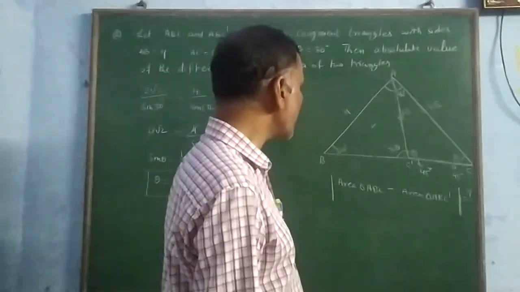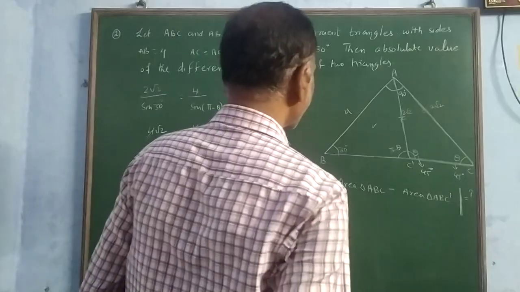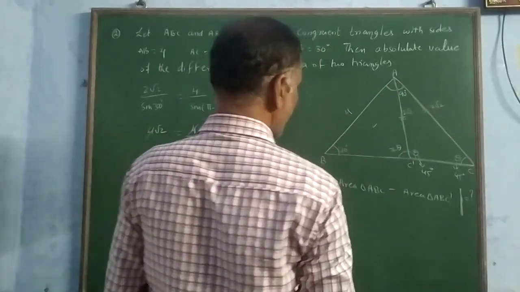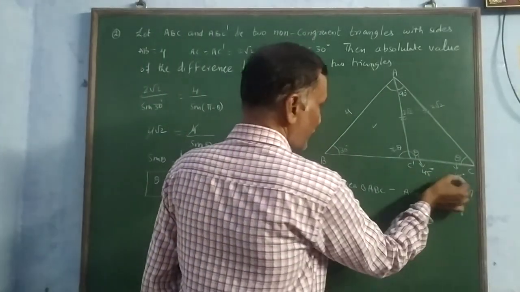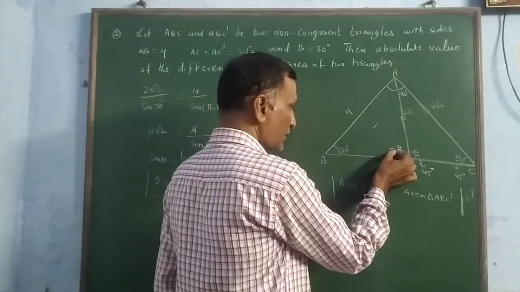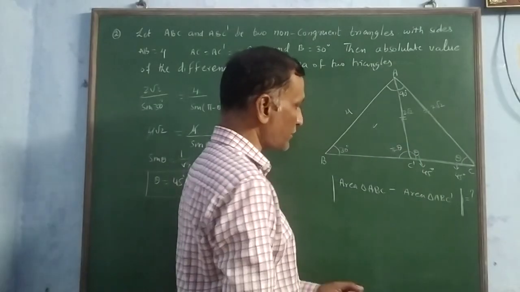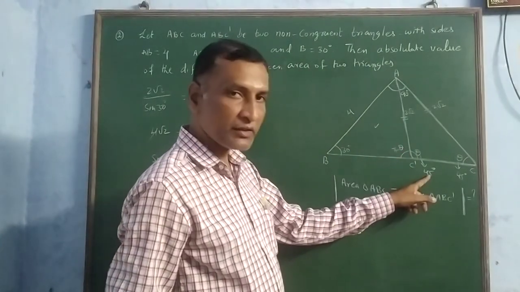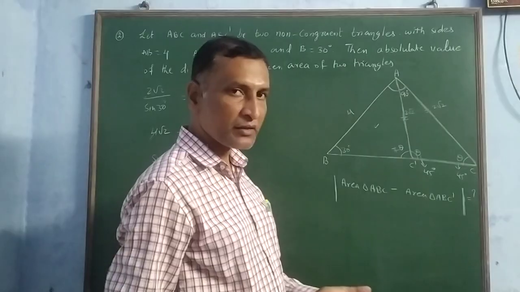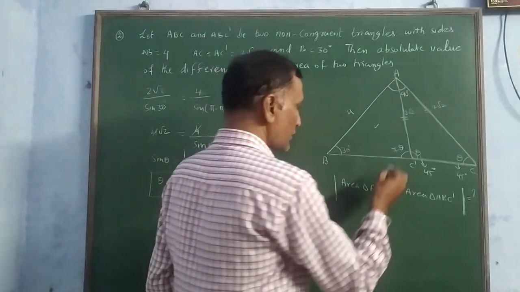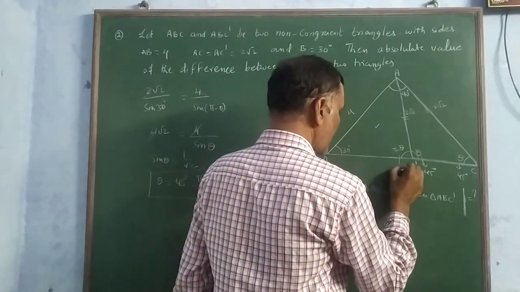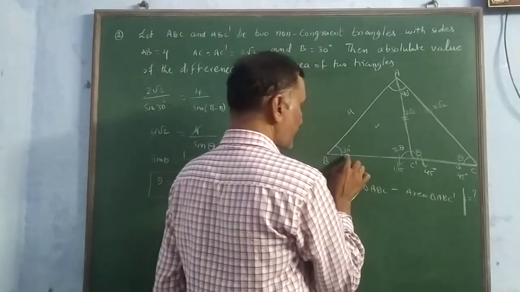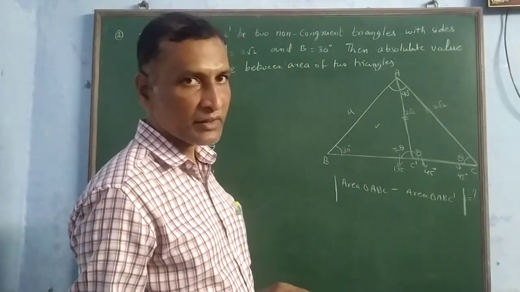Now this angle, how much? We can find out. 45, 45. Here 45 means here 180 minus 45, no? 180 minus 45, how much? 135. You write here 135. 135 plus 30, 165.